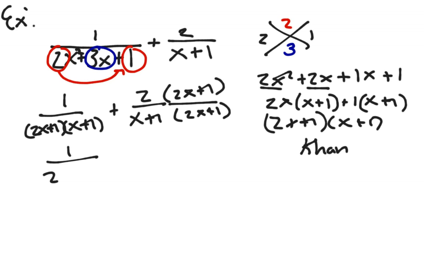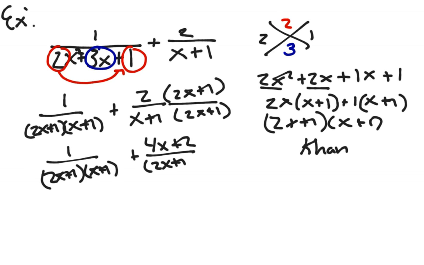Now I have 1 over 2x plus 1 times x plus 1, plus 4x plus 2 over 2x plus 1, x plus 1. I got this 4x plus 2 by doing the distributive property.